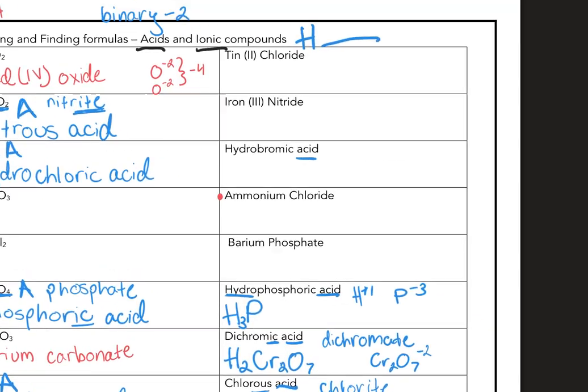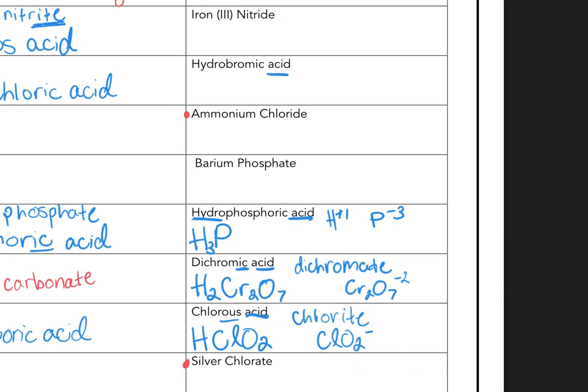All right, going to the right-hand column, ammonium chloride. All right, so ammonium, you are not going to find that on the main periodic table. You're going to find it in your polyatomics. That is NH4, and that has a +1 charge.